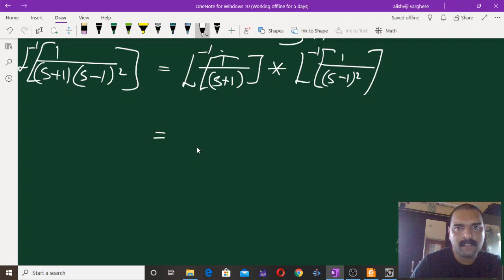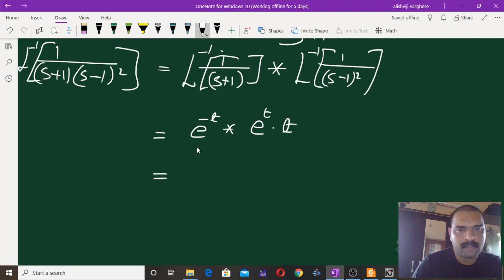The first one is the inverse Laplace transform of 1 by s plus 1, which is e raised to minus t, and the second function is the inverse Laplace transform of 1 by s minus 1 square. So by shifting theorem, it is e raised to t into 1 by s square is Laplace transform of t. So t e raised to t.